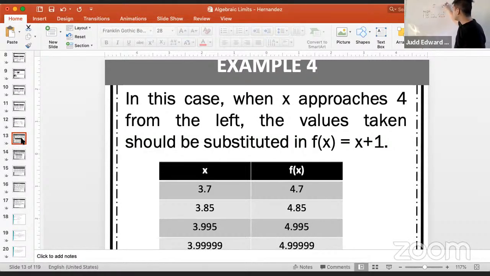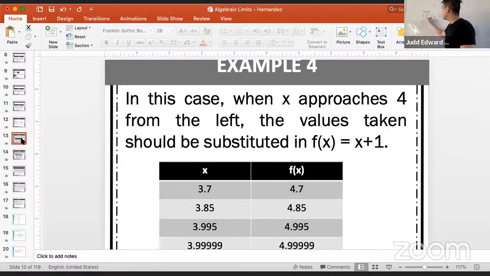Pag sinabi natin x from the right, therefore, x is greater than 4. Okay. So, tama po ba yung symbols natin? Yes po. Okay. So, sabi dito, x plus 1 daw yung gagamitin natin if x is less than 4. Ibig sabihin, if x is less than 4, nasa kaliwa or nasa kanan? Sa kaliwa.